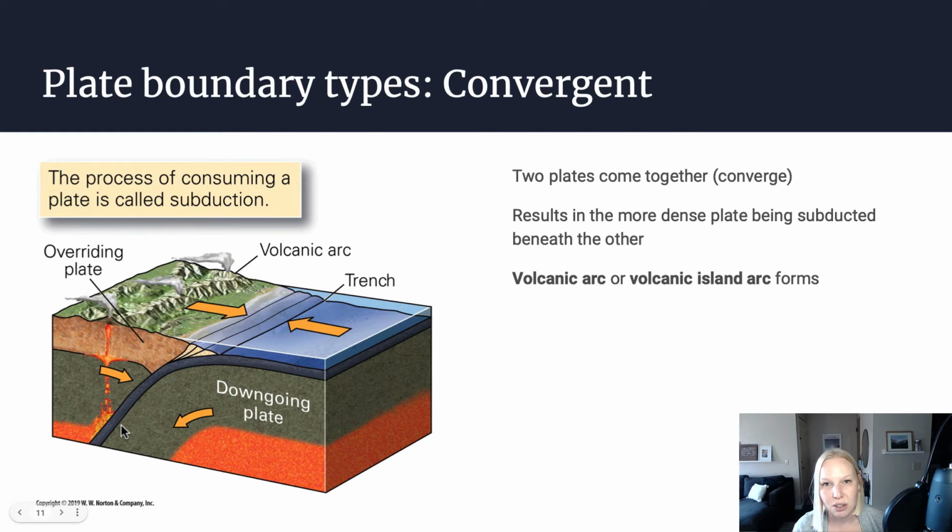And the addition of those volatiles, the water, causes the rock to melt at a temperature that is a lot lower than it normally would melt at. So we get what we call flux melting. And this causes a chain of volcanoes, or a volcanic arc, to form. So this is pretty typical of a subduction zone. You get a volcanic arc forming.